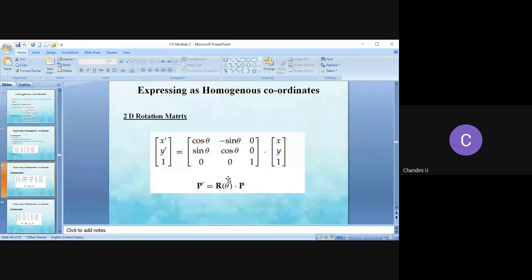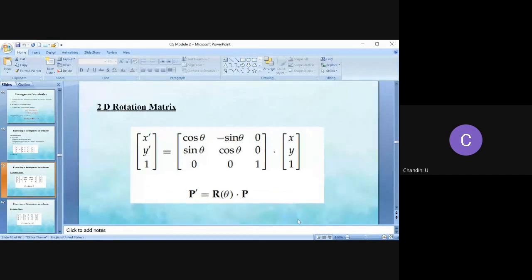So basically the rotation equation multiplies the rotation matrix, cos theta, minus sin theta, cos theta, 0, 0, 1, with the matrix of your original object. So P' is the rotated object, P' = R(theta) times P, where P is the original object.